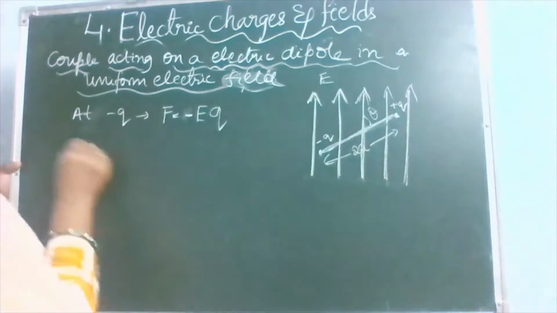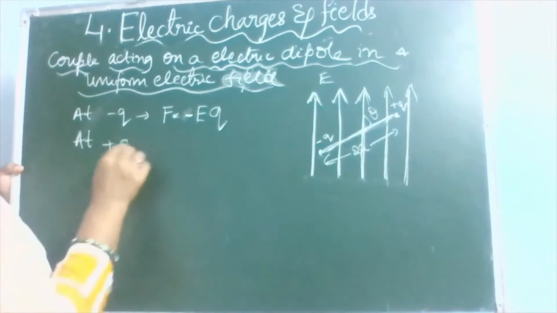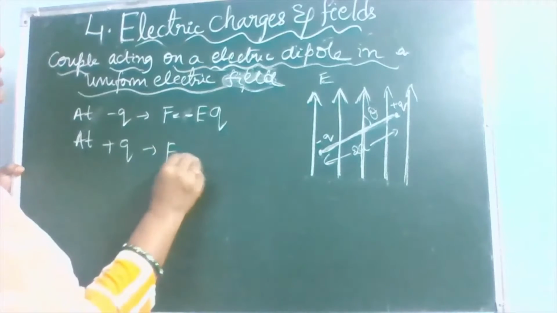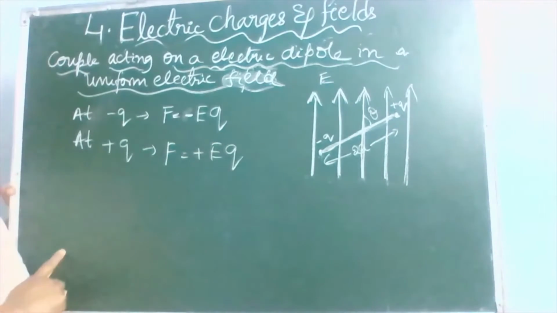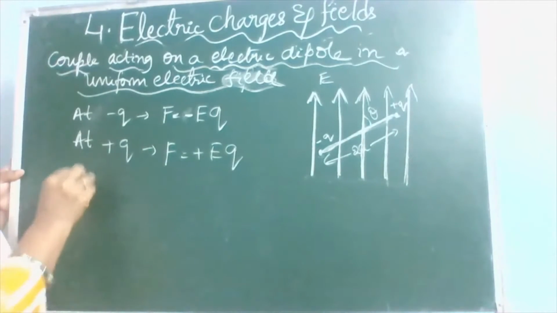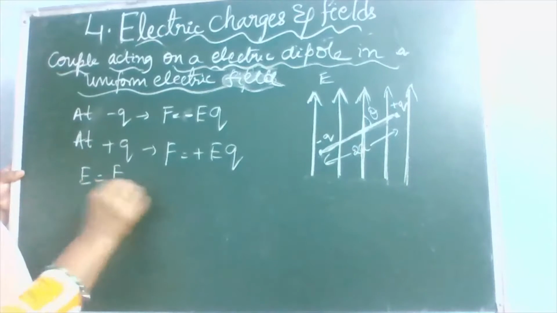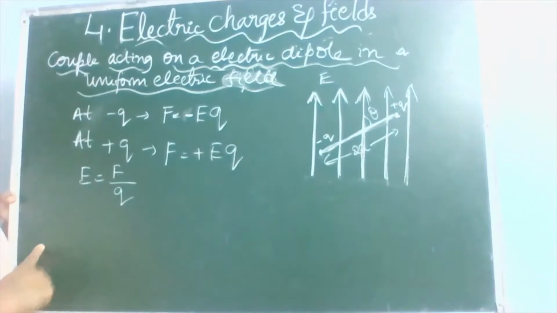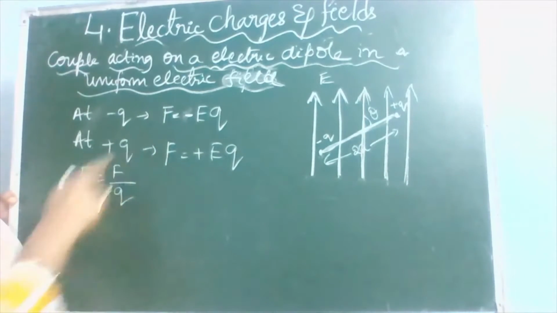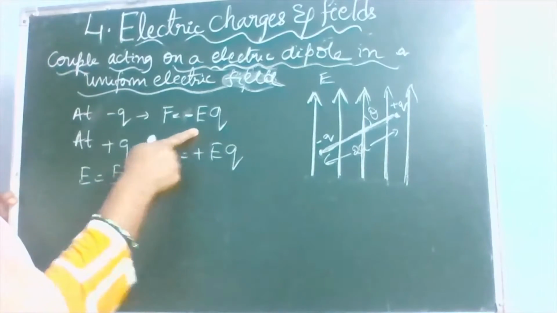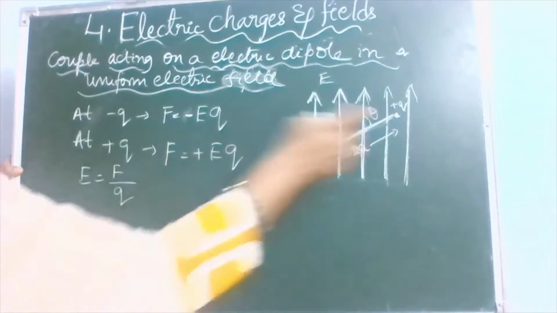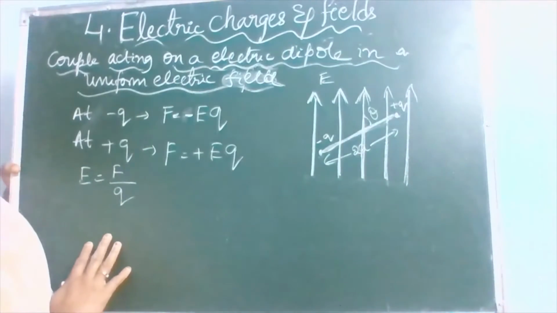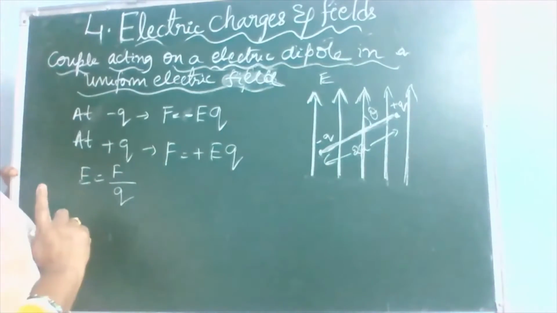At plus Q, the force will be equal to plus EQ. Why? Because we have already a formula E is equal to F by Q. So from this formula, F is equal to E into Q. So at this point the force will be minus EQ, and at this point the force will be plus EQ, but in opposite directions.